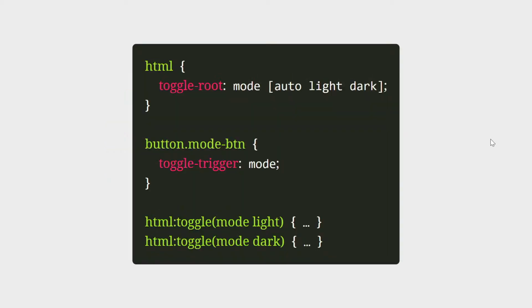It might look something like this, that we have HTML and we have a toggle for root, and the code name for that or the keyword is mode. And we have 3 different versions, auto, light, and dark. And then there's a button, and if you click on that button, the trigger for mode, it triggers the mode, and that means the mode goes from one value to the next.